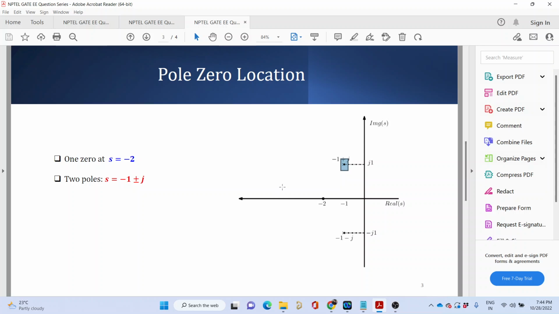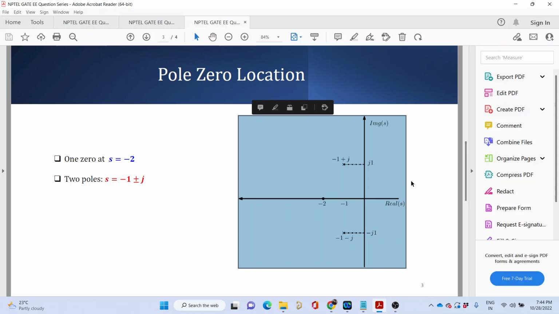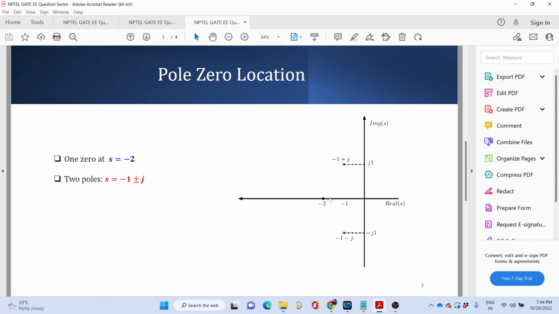Yes, sir. Now, sir, root locus will exist where the sum of the poles and zeros to the right is odd. In the real axis, it will exist. Yes, so over here, if I consider this region, there cannot be any root locus in this region, right? Yes, sir.